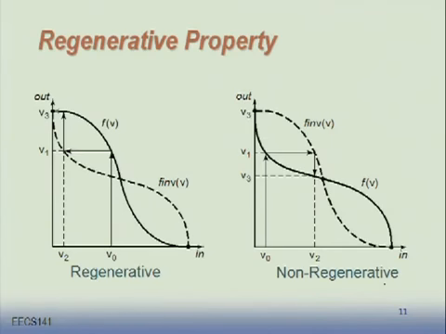It has low gain, high gain in between, and low gain when the input reaches high. We'll put a bunch of them next to each other. I'll put some value here, V0.